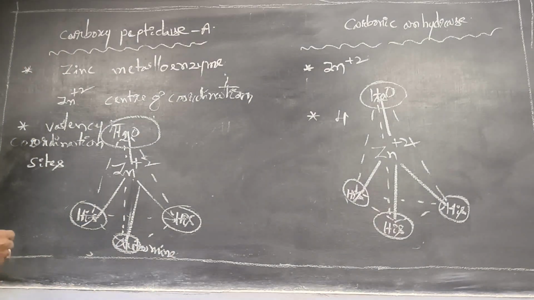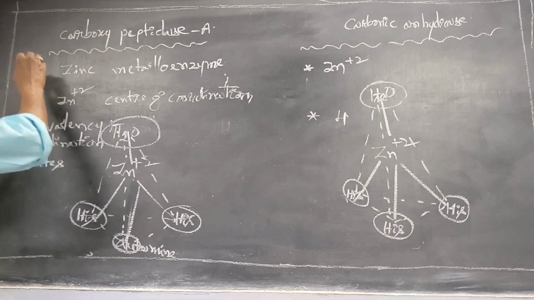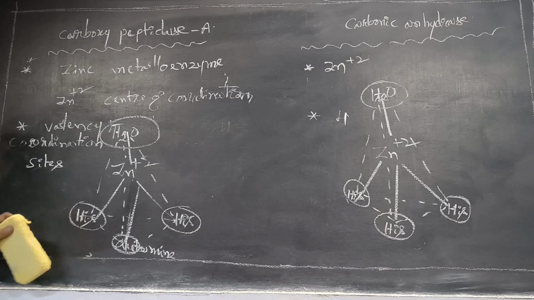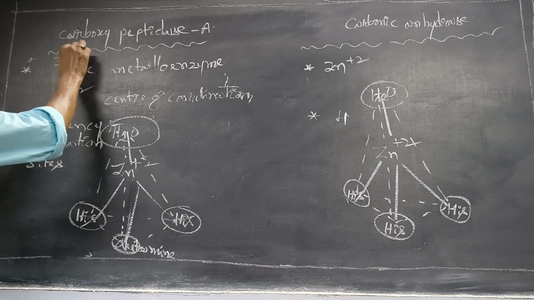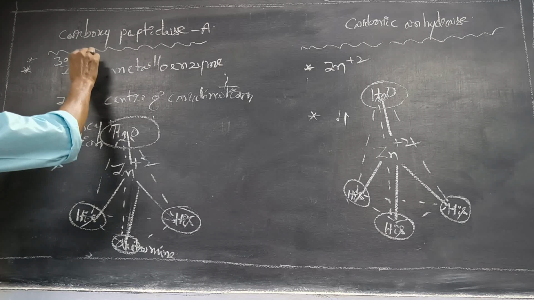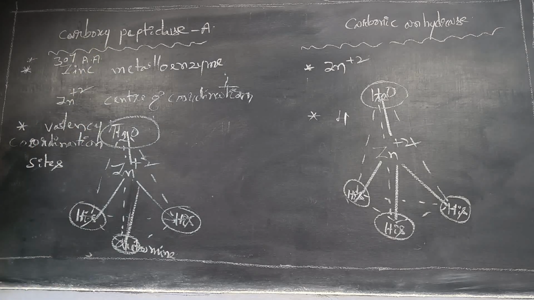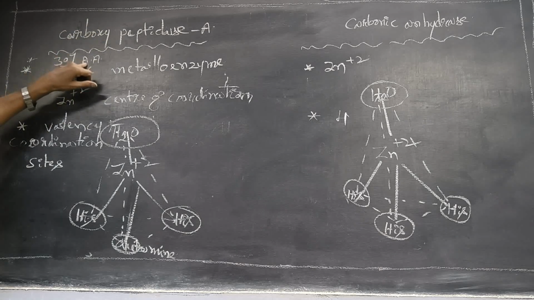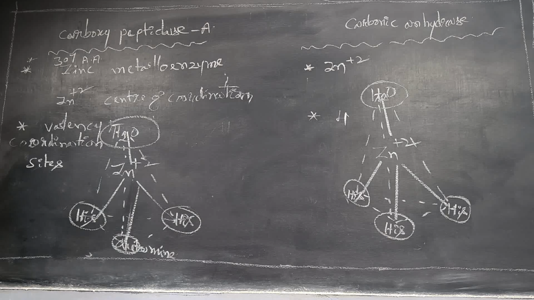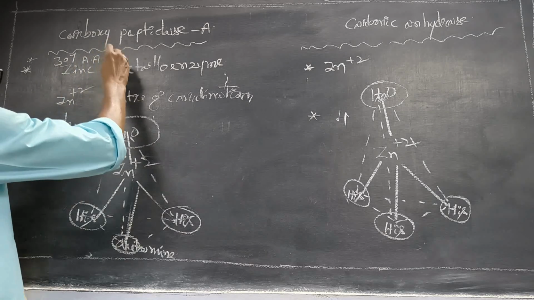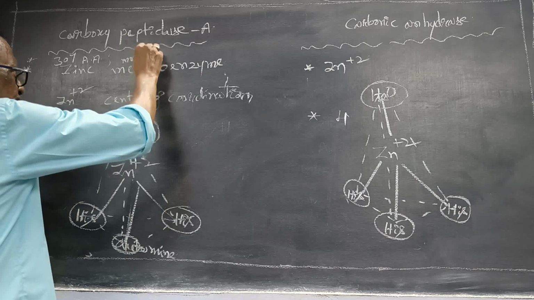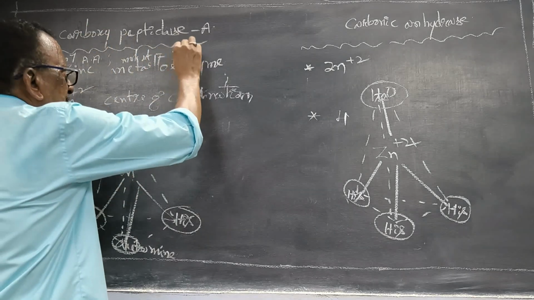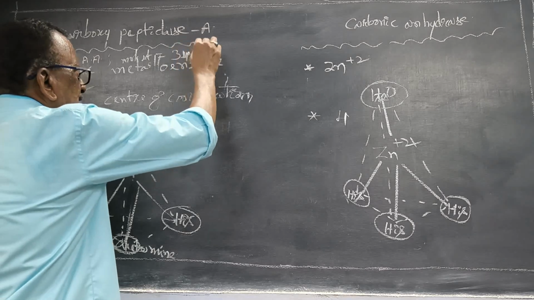Now the most important point, make it your first point here. Carboxypeptidase A, it is having 307 amino acids. So total amino acids present in carboxypeptidase A is 307 amino acids. They are linked with peptide linkage. And what is its molecular weight? The molecular weight of carboxypeptidase is 34,600.